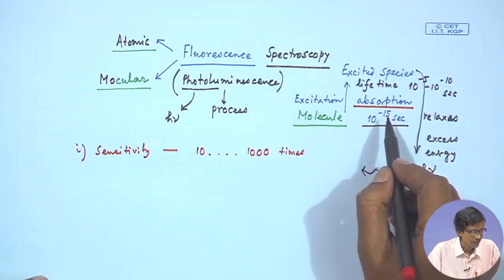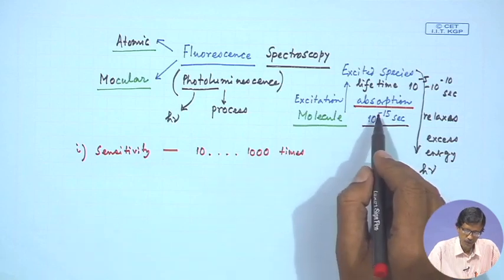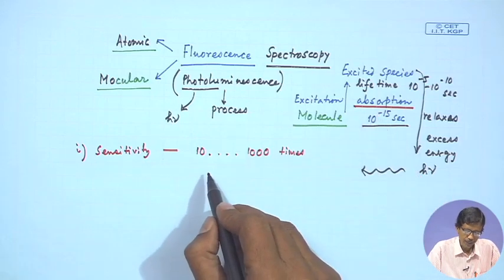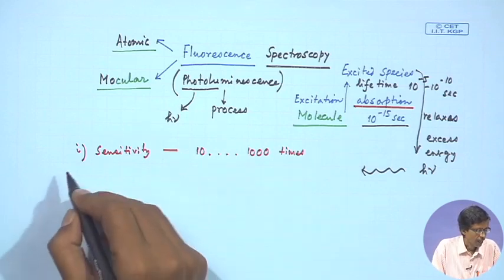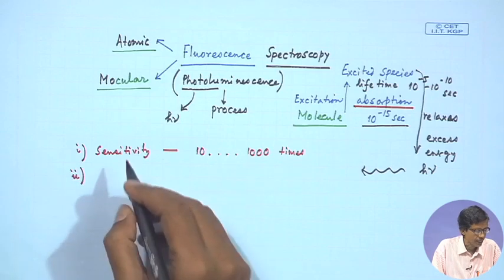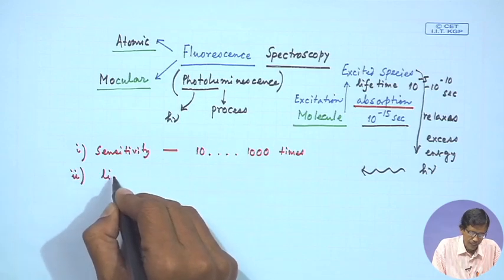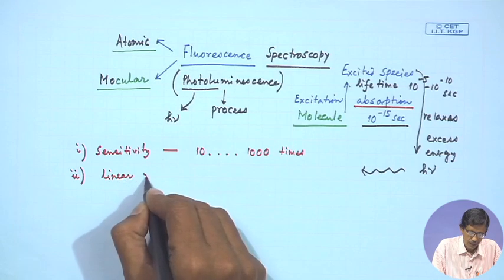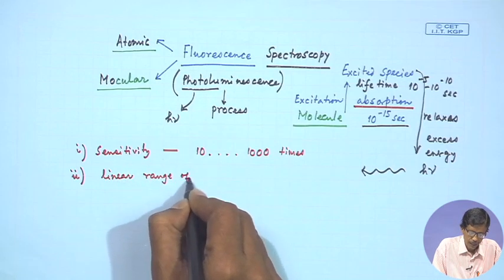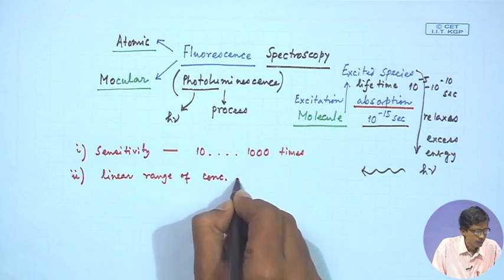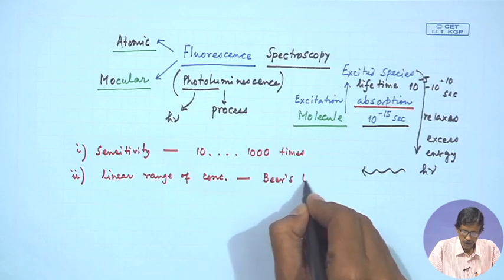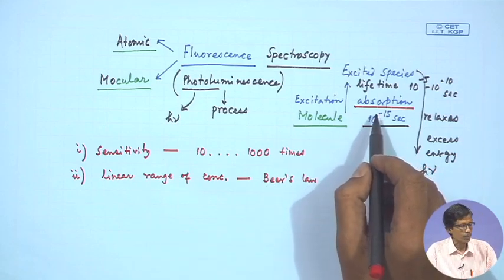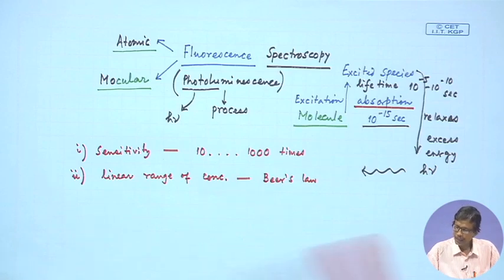If it is sensitive, it is a better process than the absorption spectroscopic technique, and it will be very sensitive to those molecules which are fluorescence active. It has another advantage: a large linear range of concentration, where we can use Beer's law, compared to electronic absorption spectroscopy, where the range of linearity is not very high.